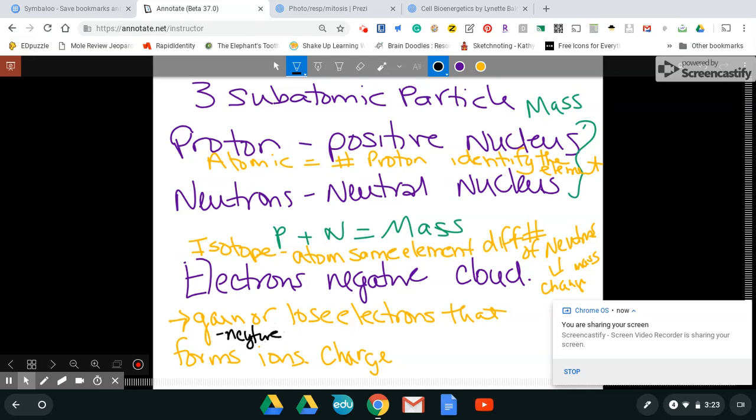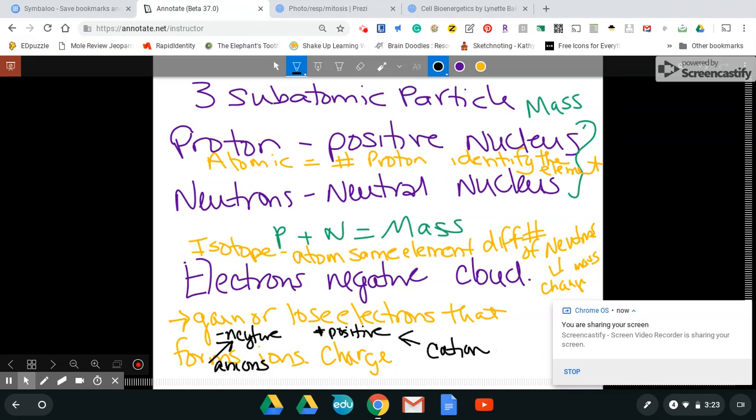If you lose, your charge is going to be positive. Okay? So, another word you need to remember, these negative ones are called anions. The positive ones are called cations.